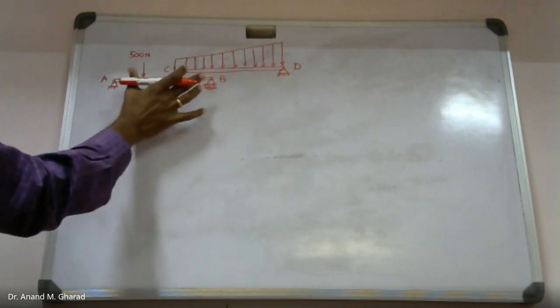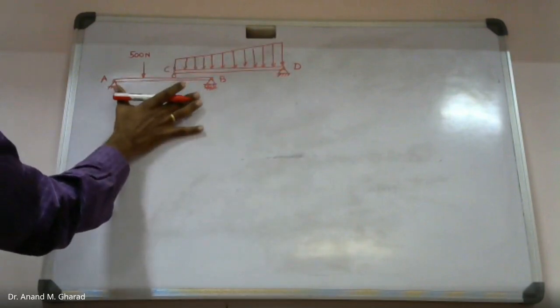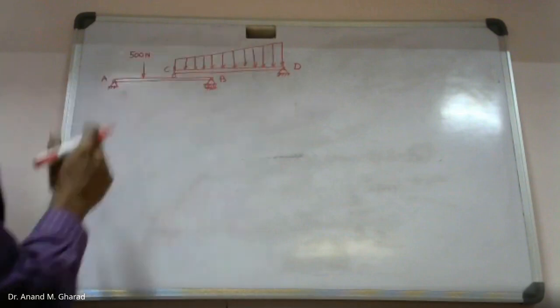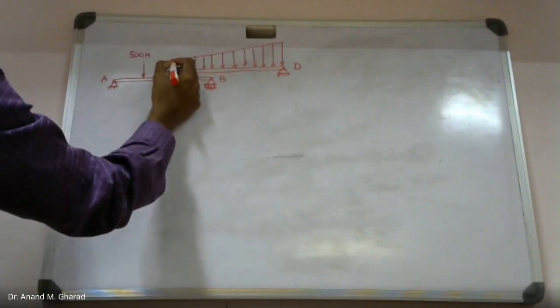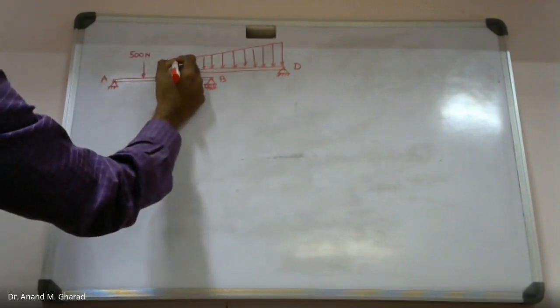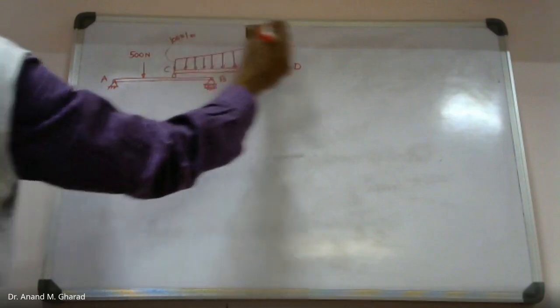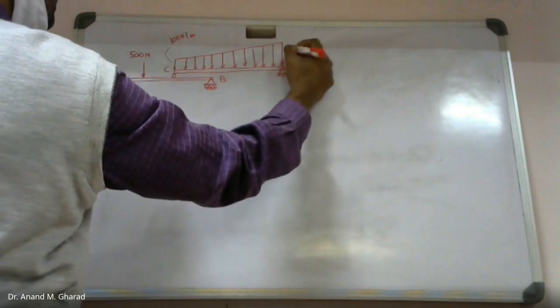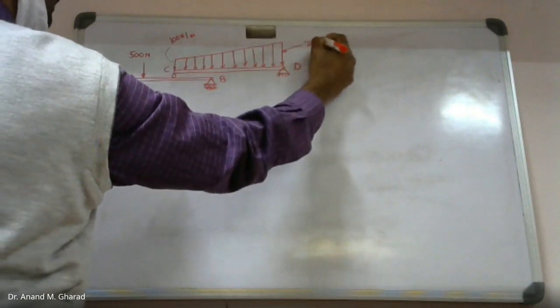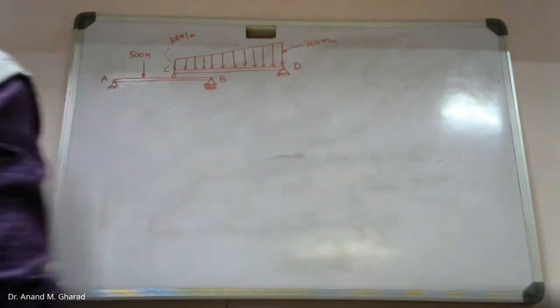So there are two different beams, one is beam AB, another one is beam CD. The intensity of this uniformly distributed load is 100 Newton per meter, and this intensity is 200 Newton per meter.